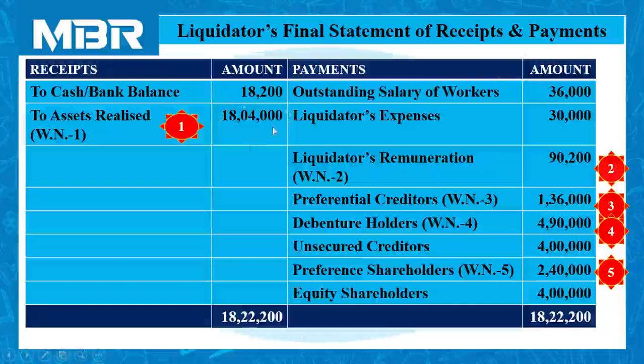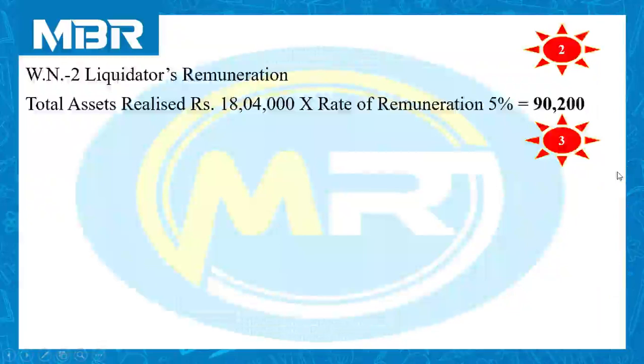In working note number 1, we have completed the calculation of the assets realized by the liquidator. It is rupees 18 lakhs 4,000. On these 18 lakhs 4,000, he is entitled to get 5% remuneration.